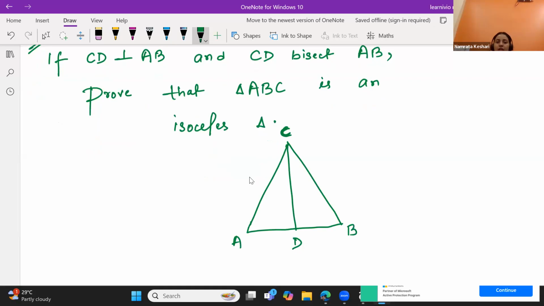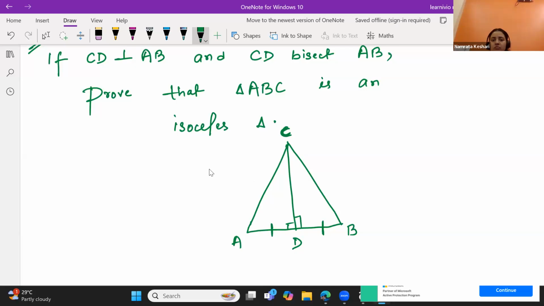Here 90 degrees, here 90 degrees; that's what the meaning of perpendicular is. And CD also bisects AB. This CD is bisecting the side AB. Apart from 90 degrees, we also know that AD and BD are of equal length. Prove that ABC is an isosceles triangle. We have to show that this triangle ABC is an isosceles triangle.